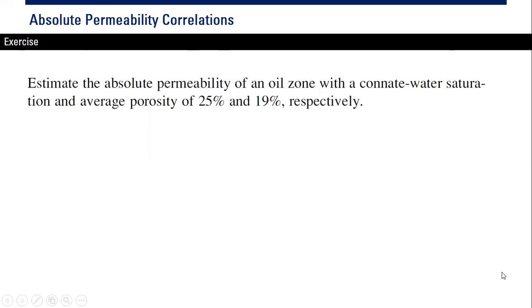For example, absolute permeability correlation. Estimate the absolute permeability of an oil zone with irreducible water saturation and average porosity of 25% and 19% respectively. Again, this is for absolute permeability, not for effective permeability.